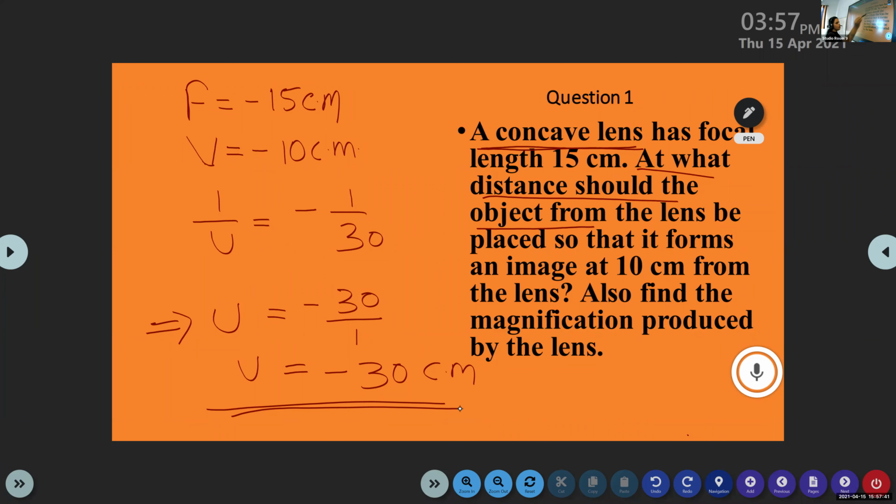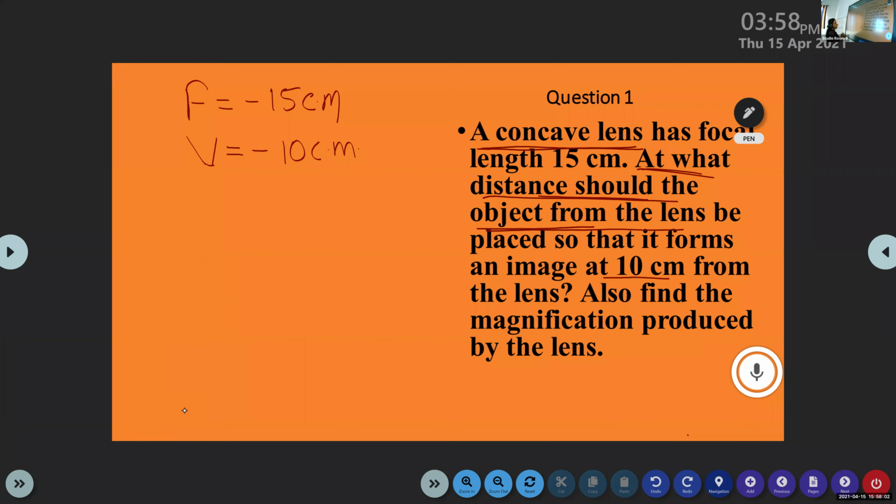So the first question is over. At what distance should the object be placed from the lens so that it forms an image at 10 centimeter from the lens? The object should be placed at a distance of 30 centimeter from the lens. Then only we get the image at a distance of 10 centimeter. So here we get one more parameter, object distance u is equal to minus 30 centimeter.